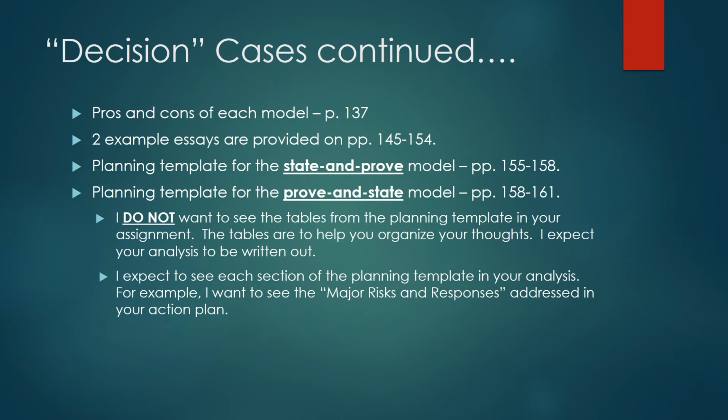Less risk, you'll run out of time. That criteria is for students that are writing an analysis in a seated course where there's only a limited amount of time. So that criteria does not apply to us. On the con side, the state and prove model can appear less scientific or aggressive in appearance.